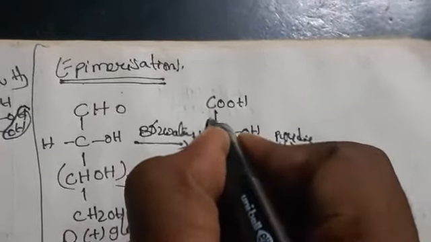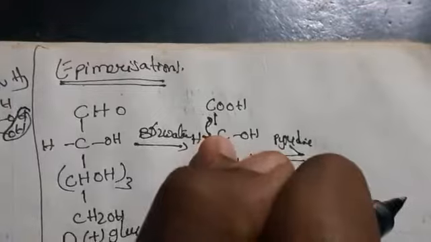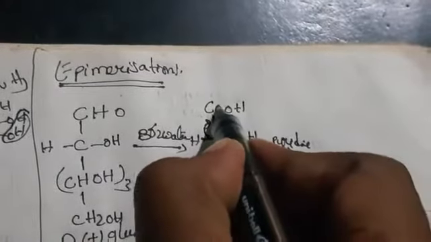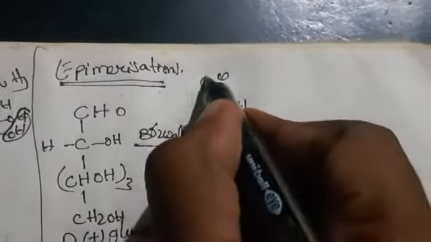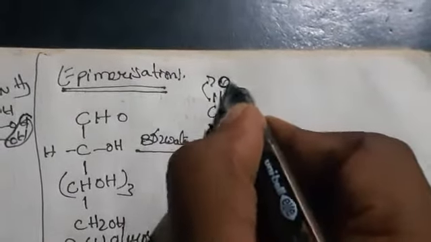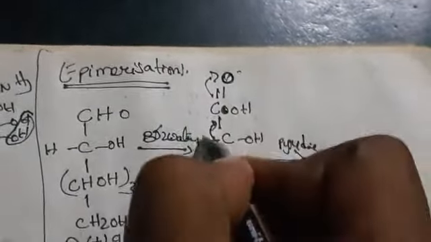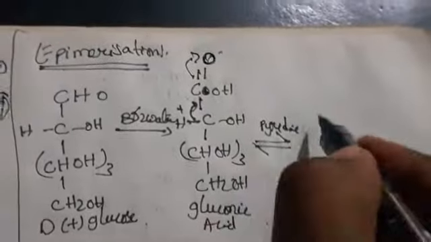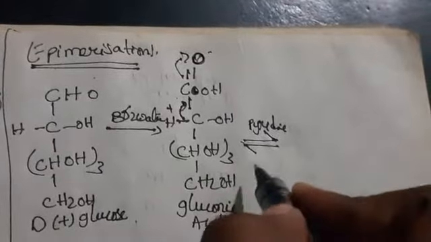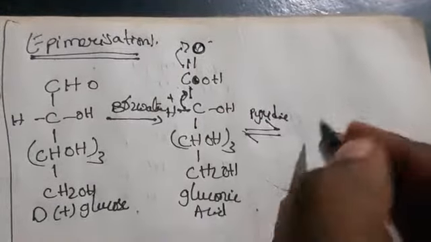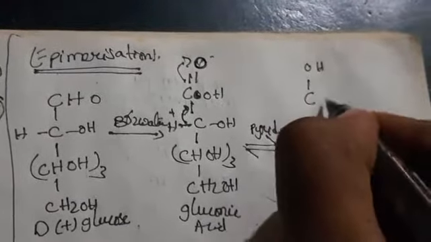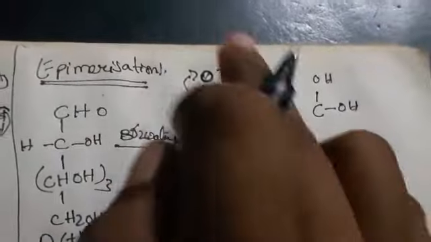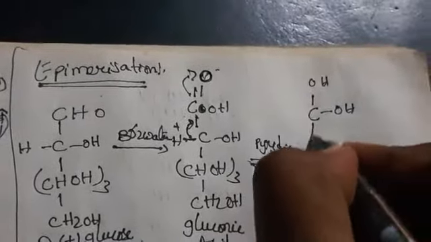If this bond goes here, it forms a double bond. So CO can be written as C double bond O. When I turn the bond here, which charge do you get? Minus. And this gets a plus charge. When I add pyridine, there will be a change in the configuration. Here H plus goes and attacks, giving a double bond.